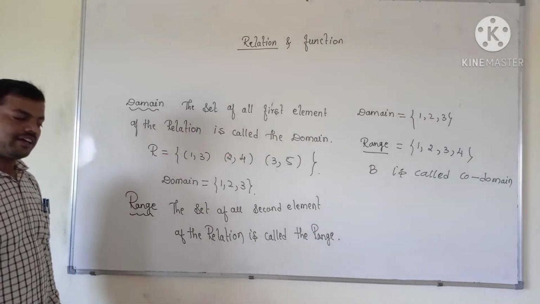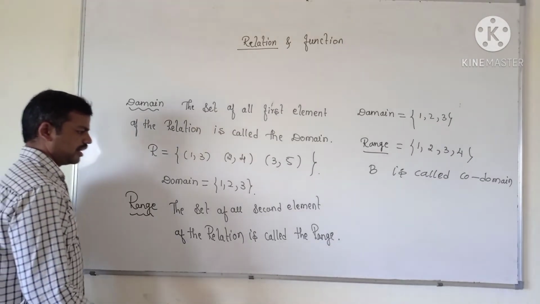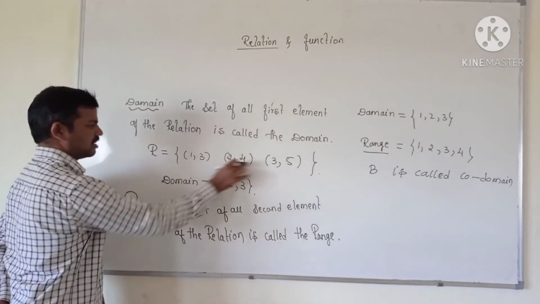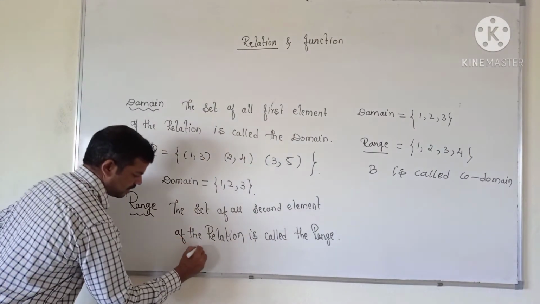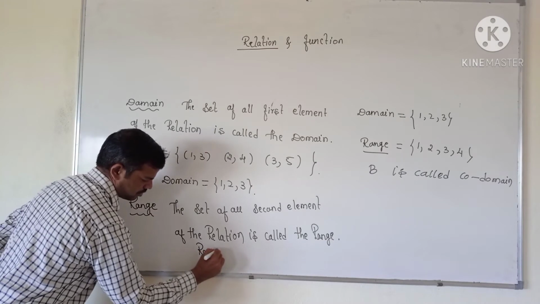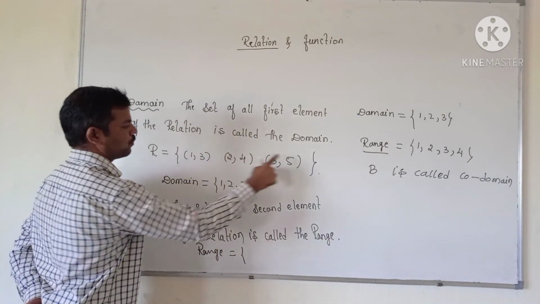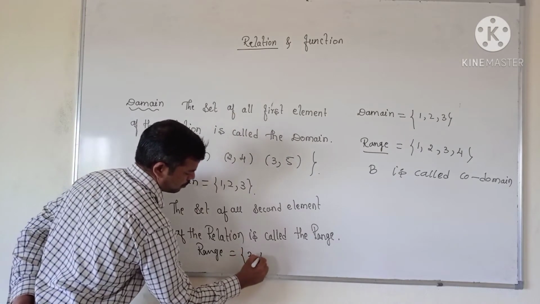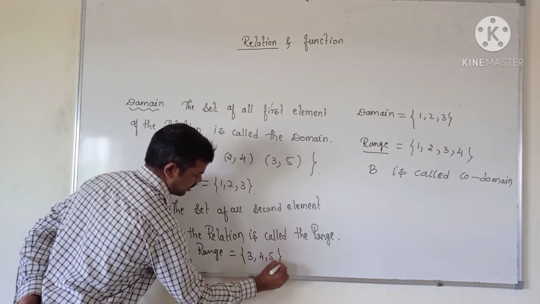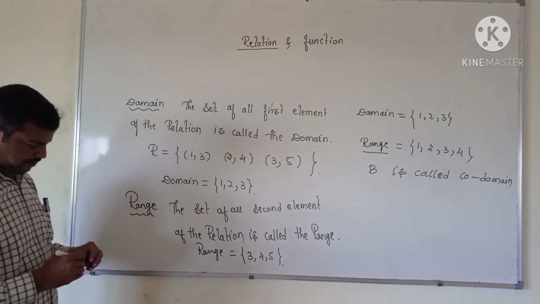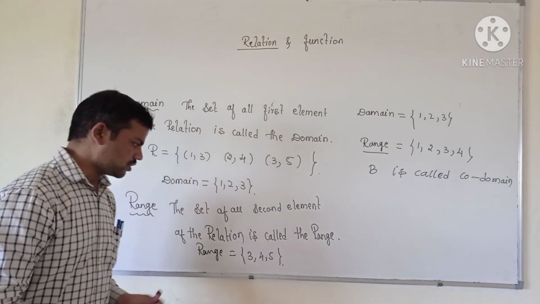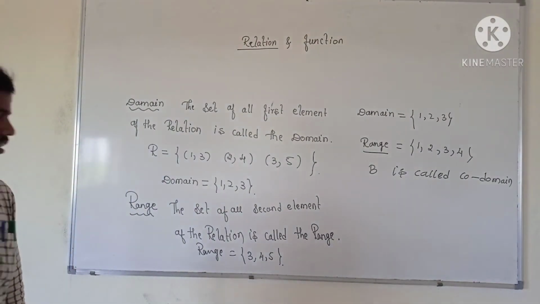So the range of the relation already given is equal to the second elements: 3, 4, 5. This is called the range of the function.